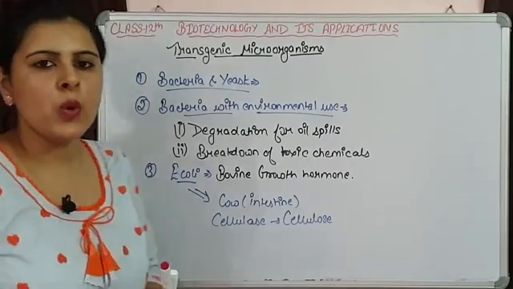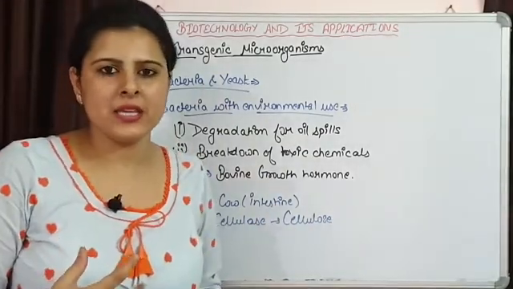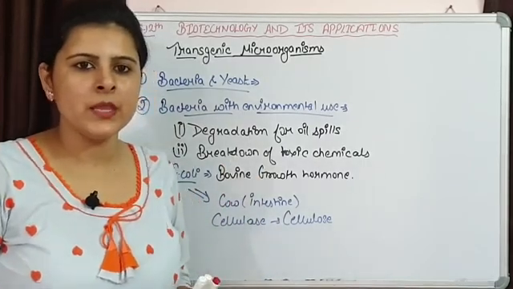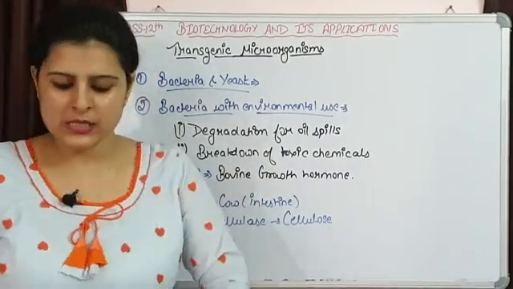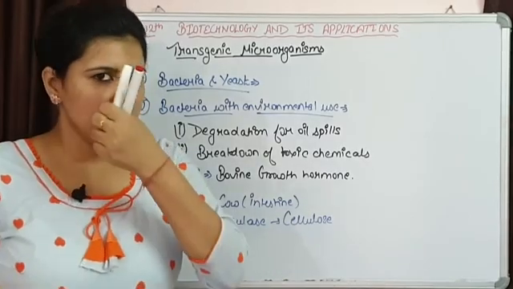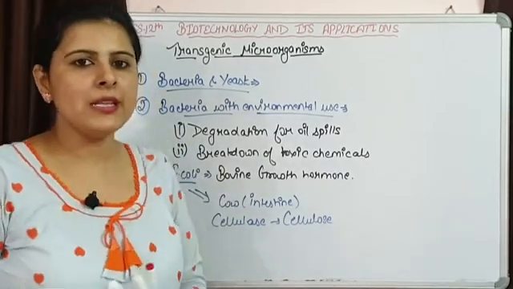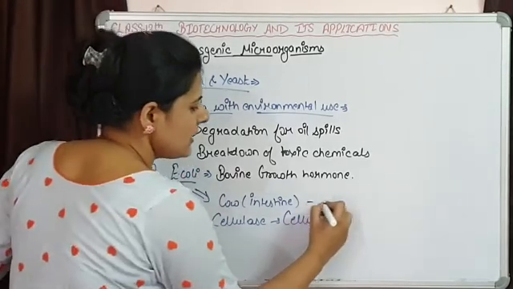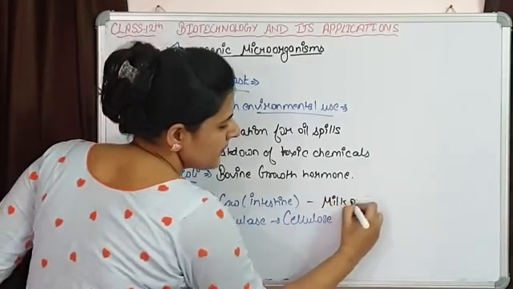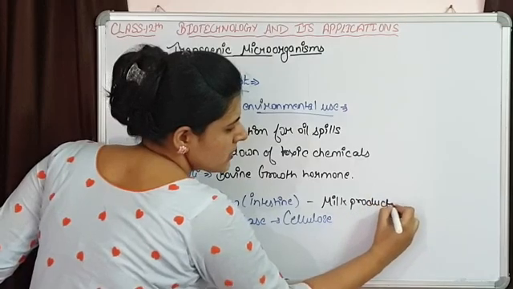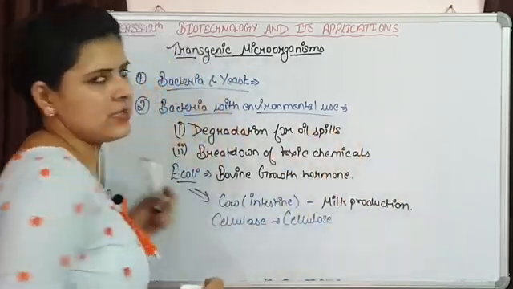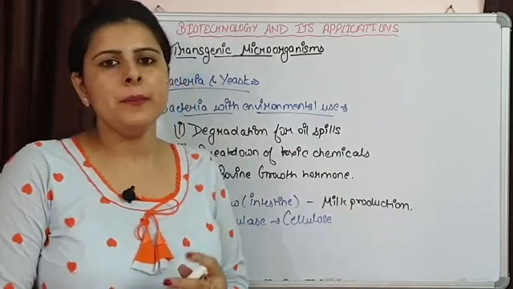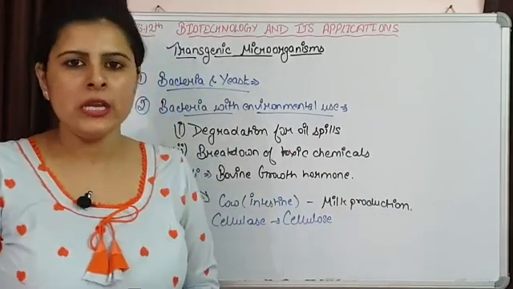That means whatever feed the cow is taking, that feed will be entirely used up because of the presence of cellulase, and if the entire feed is used, then growth will be promoted, and most important, milk production is going to be increased. So this is how this transgenic E. coli is used in increased milk production in cow.